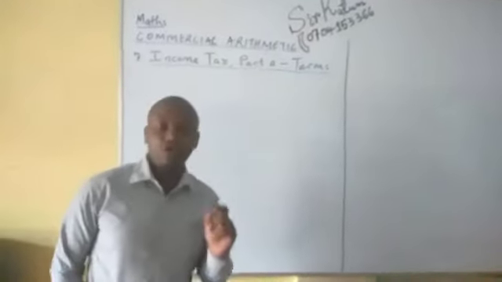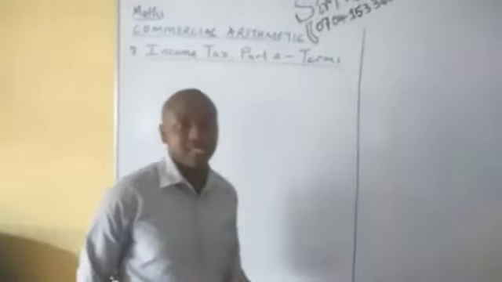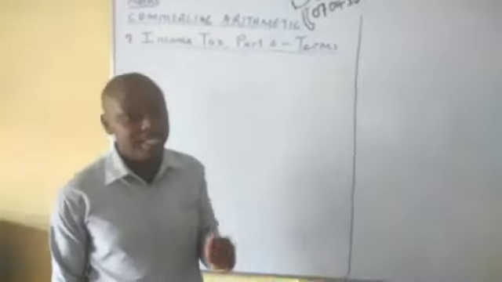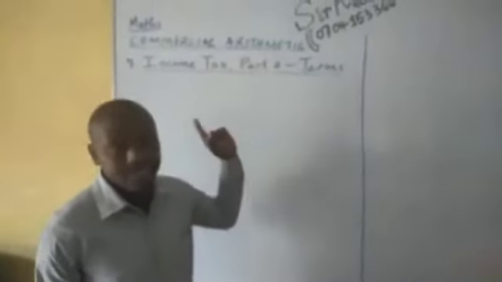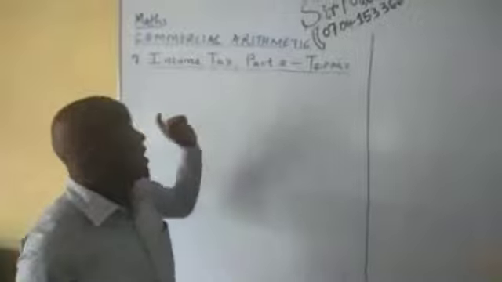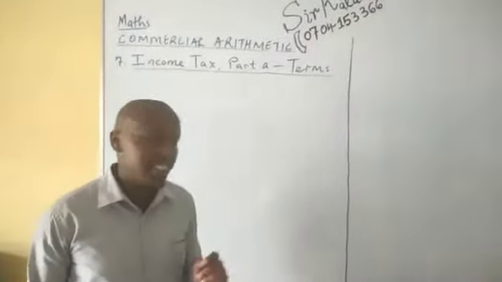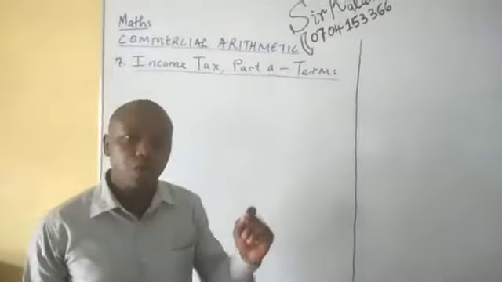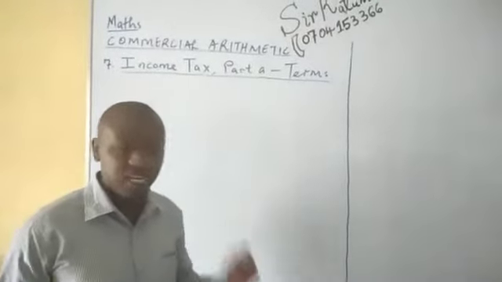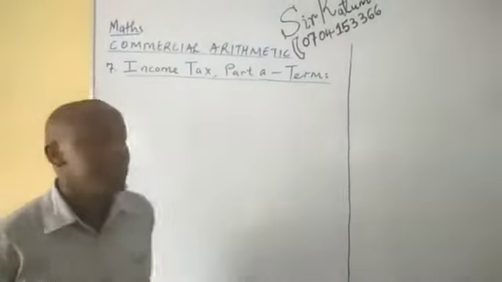Therefore, I would like us to go through some terms so that before we do an example on taxable or on income taxes, we will be conversant with every word we will come across as we deal with some questions on the same. And I'll be starting with the first term, the income tax itself.